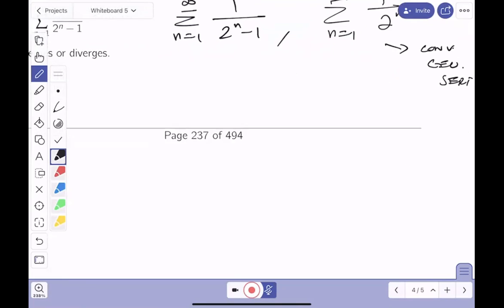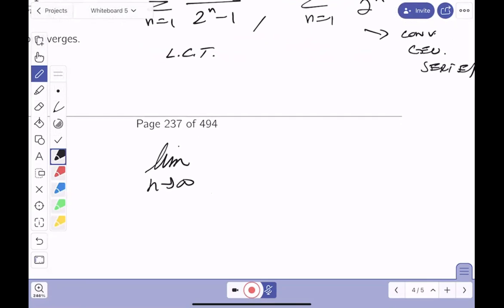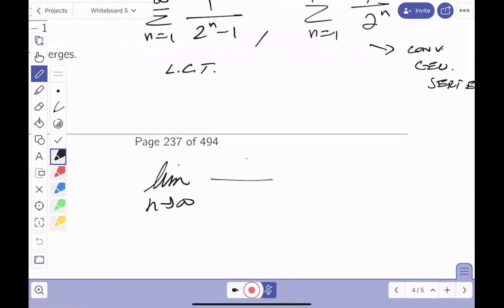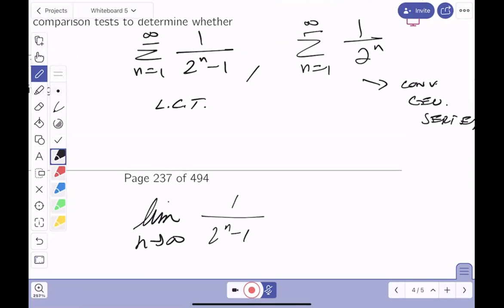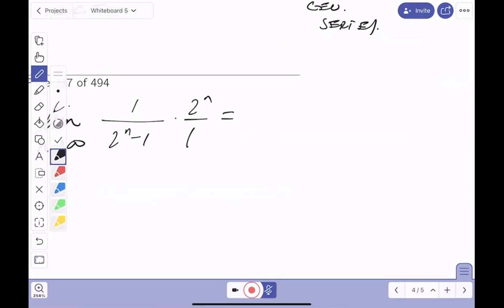All right, let's go to town. LCT. What's LCT? Limit comparison test. Limit as n goes to infinity. Let's write this down: 1 over 2 to the n minus 1, divided by 1 over 2 to the n, which is like multiplying by 2 to the n over 1.